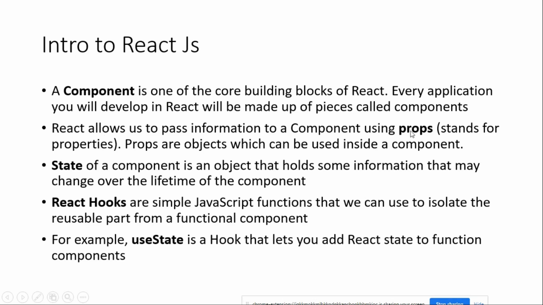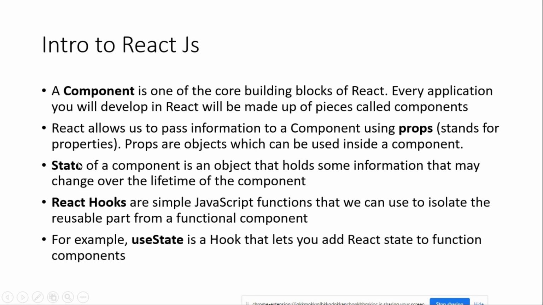Whenever you want to pass information, because you are going to develop multiple components in your application. For example, you are building a component for your home page, a navigation component, or a component for your students list page. Whenever you want to communicate information from one component to the other, props, which stands for properties, are used to pass the information from one component to the other.